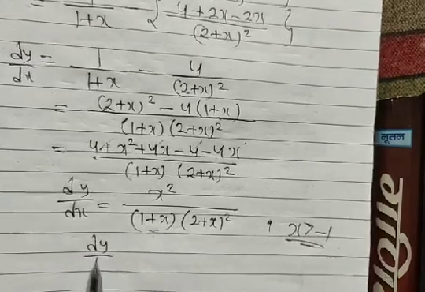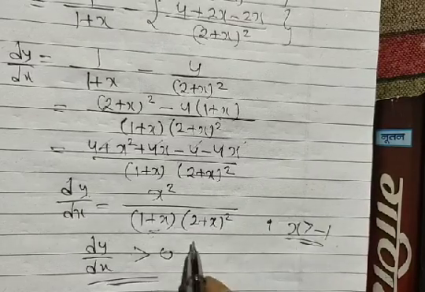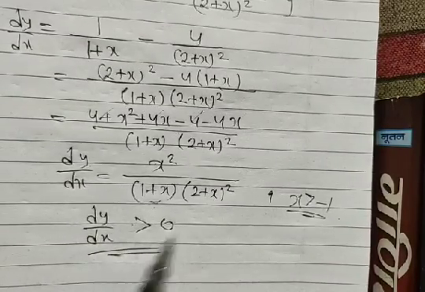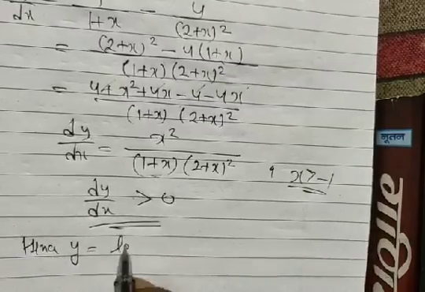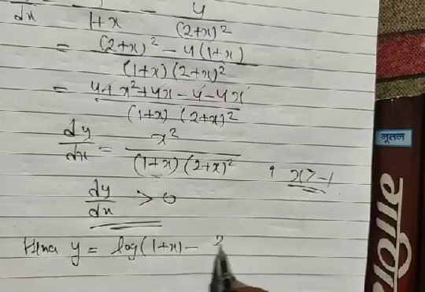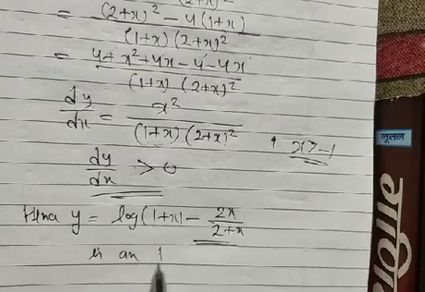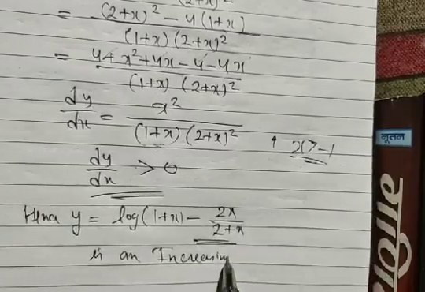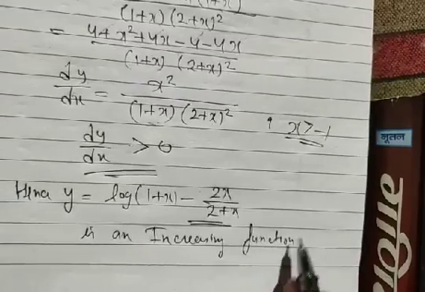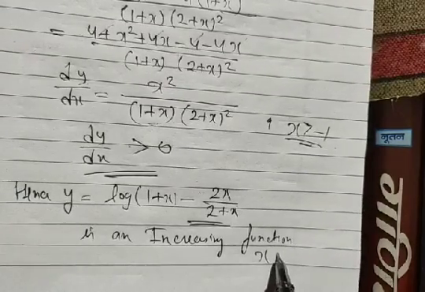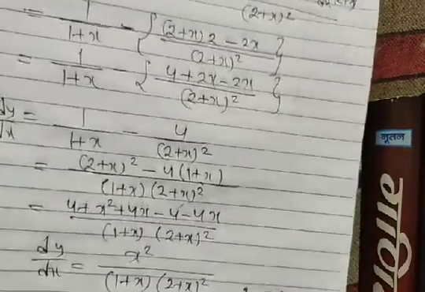Then the sign of dy dx is greater than 0 for all x greater than -1. Since our derivative is positive, hence y equal to log 1 plus x minus 2x upon 2 plus x is an increasing function for all values of x greater than -1. This is our required solution.